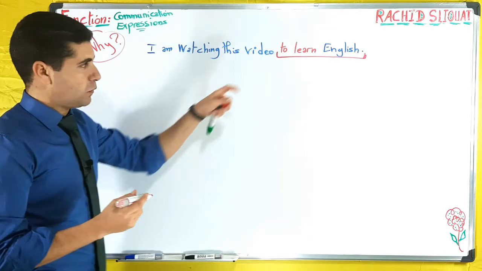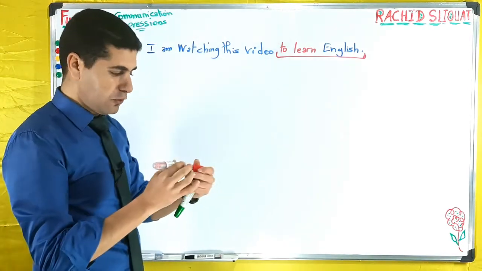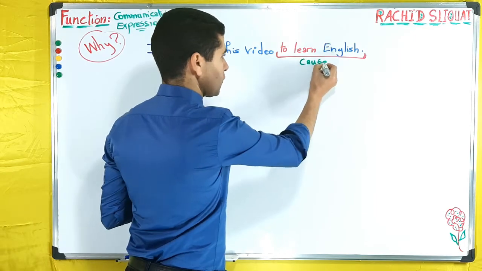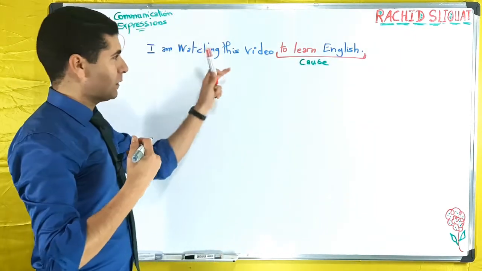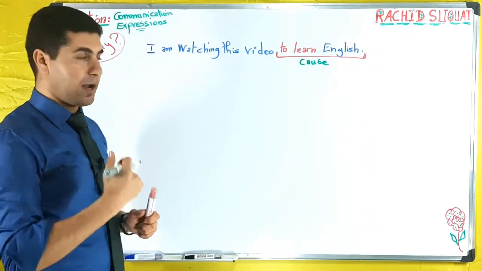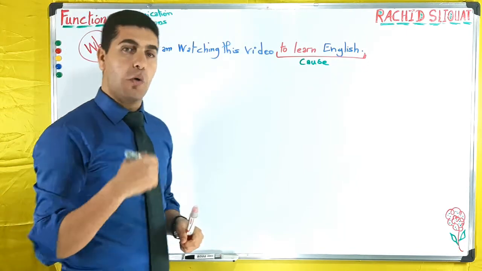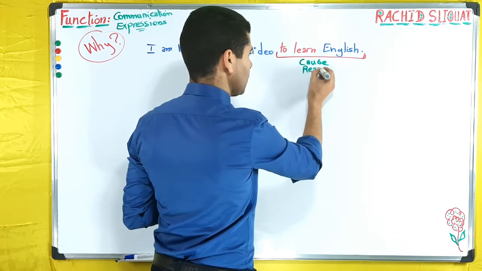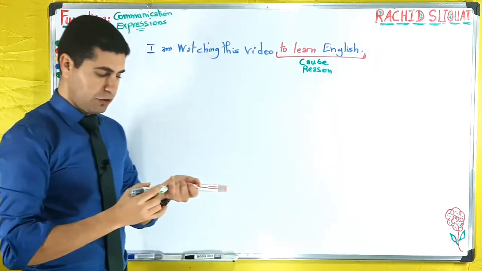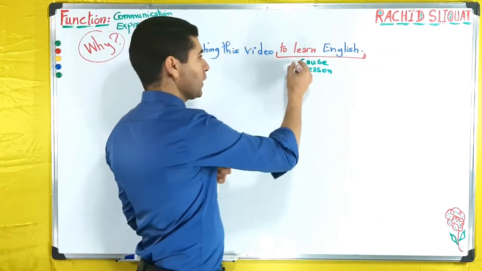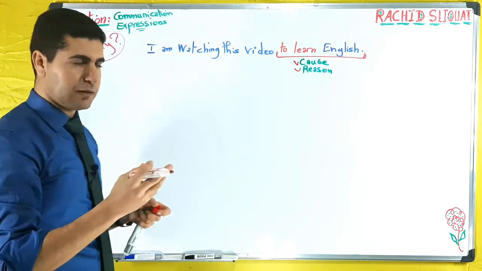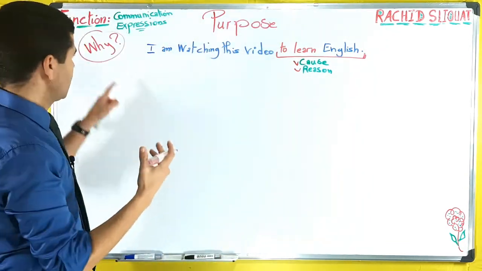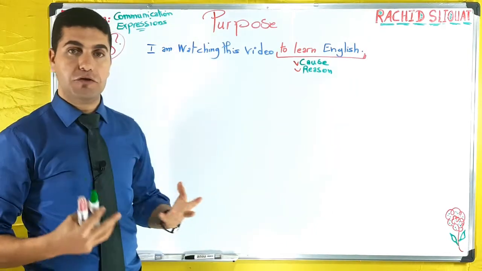So "to learn English" can be considered as the cause why I am watching this video, or it can be the reason, or, and this is the lesson, it can be the purpose why I am watching this video.